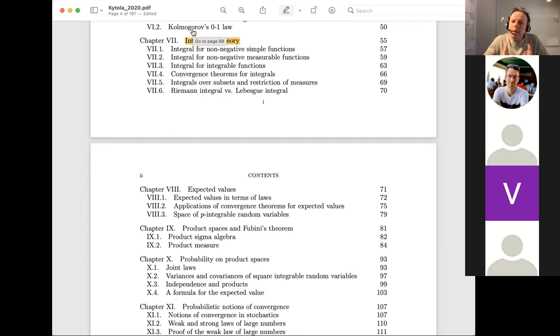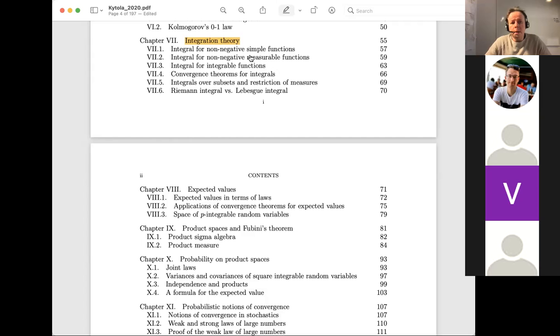It's integration of something, and this is why we will need to spend a bit of time to learn the really precise and abstract way of thinking about integrals and integration. And this content is quite similar to the course in measure and integral.